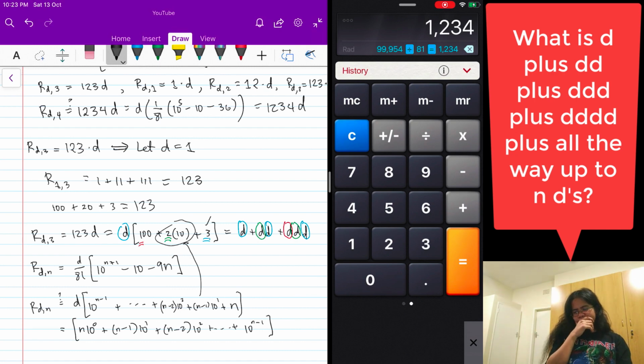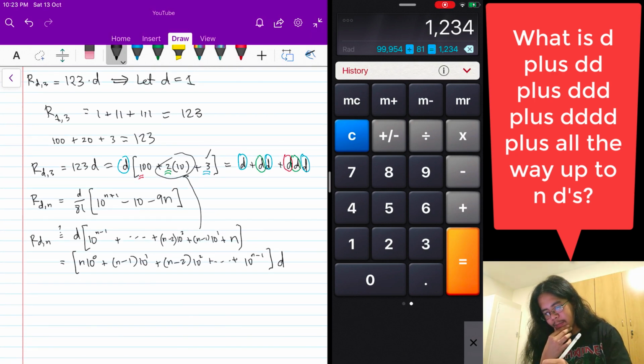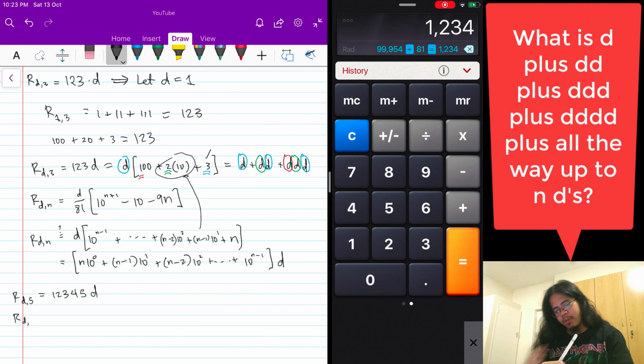But of course, everything is multiplied by D. So in other words, what I'm thinking is, for example, when n is equal to 5, I can write it as 1, 2, 3, 4, 5 times D. I think we have an issue now.